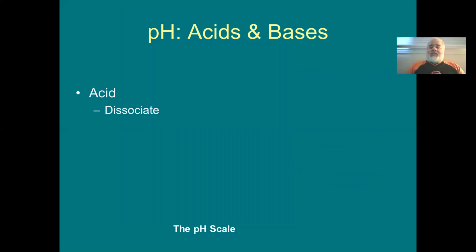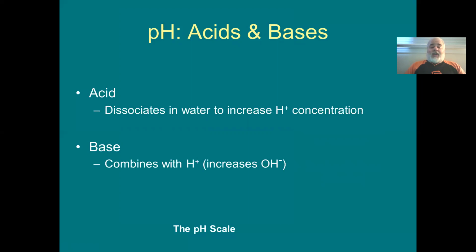So what is an acid? An acid is any material that will dissolve or dissociate, come apart in water in a way that will increase the hydrogen ion concentration. It's increasing the hydrogen ion concentration, that's it. A base, on the other hand, is any substance that will combine with hydrogen or dissociate to create hydroxides.